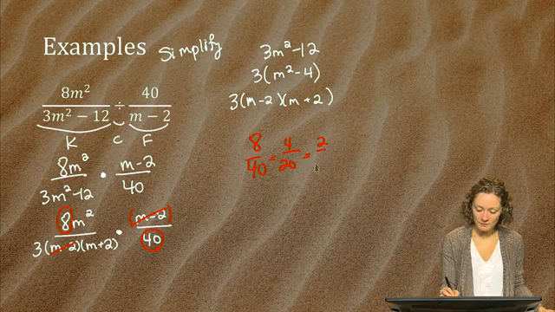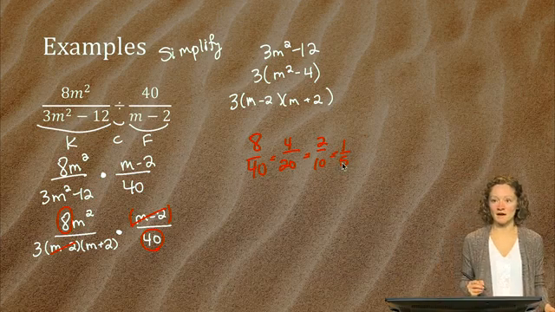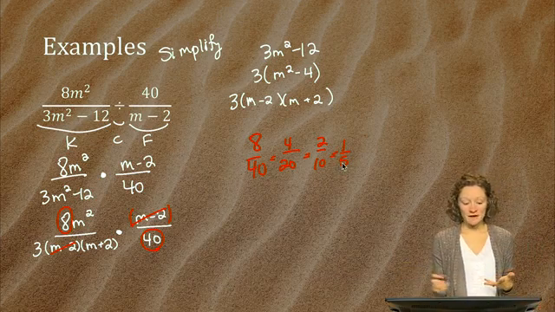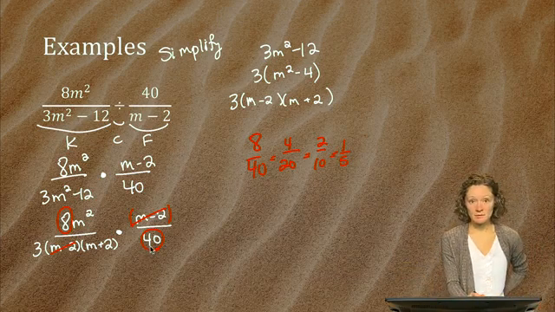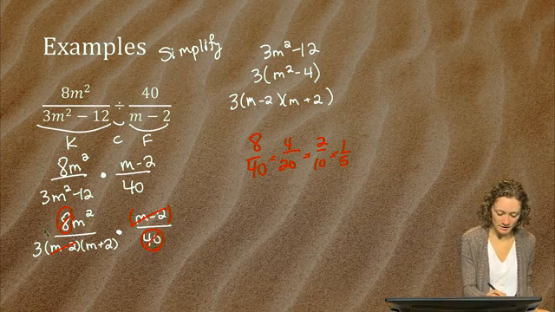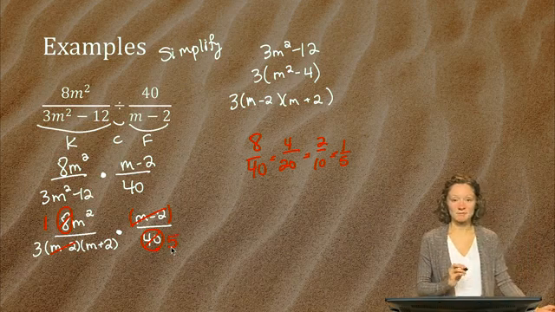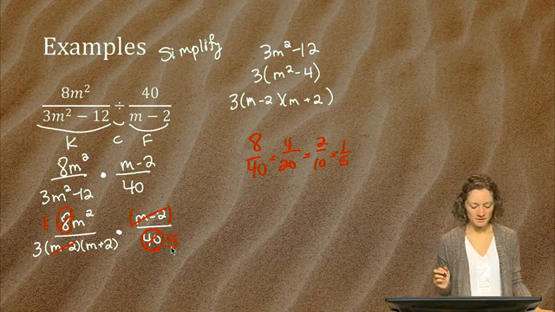Cut it in half again. We have 2 over 10. Again, we have 1 over 5. Maybe you got to 1 over 5 right away. Maybe you noticed they both have an 8 in common. Divide that out right away. That's fine. So ultimately, we get to a 1 being left here, and you really don't have to write the 1, and a 5 in the denominator, but that should be written.